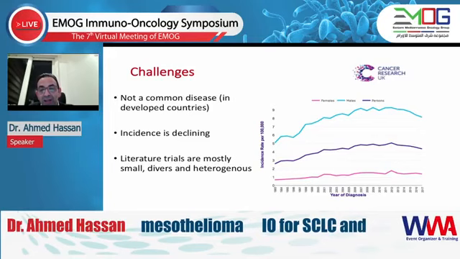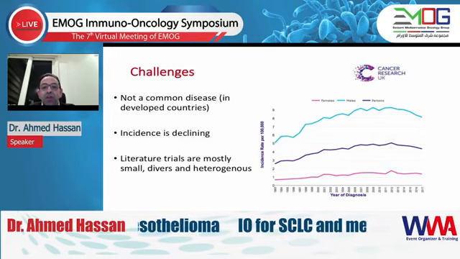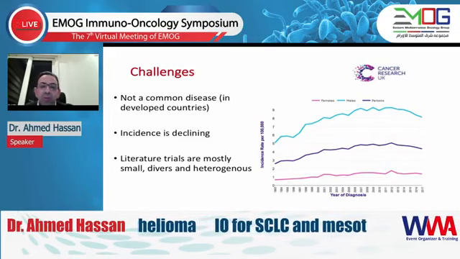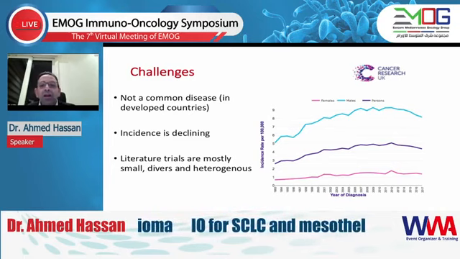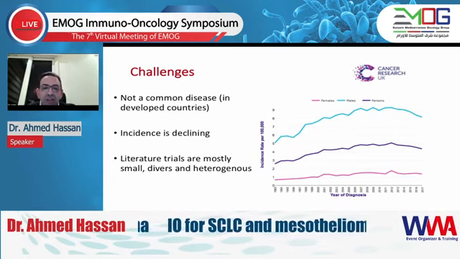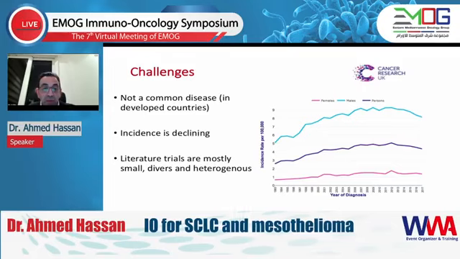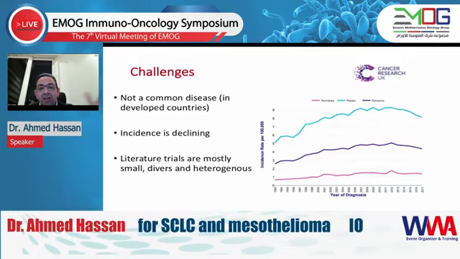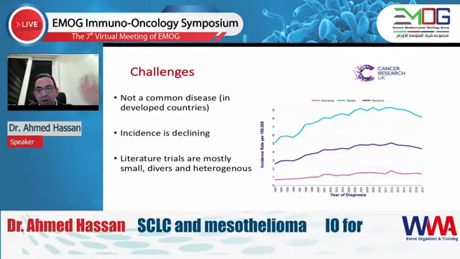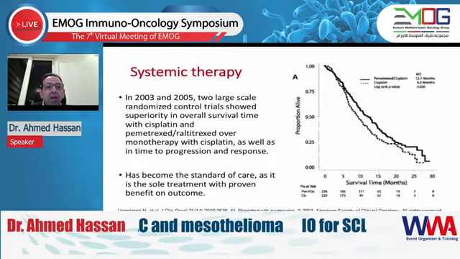So researchers and the pharmaceutical industry are not very enthusiastic about conducting clinical research here, because they know that in the West, this disease is going to disappear over the next few decades.